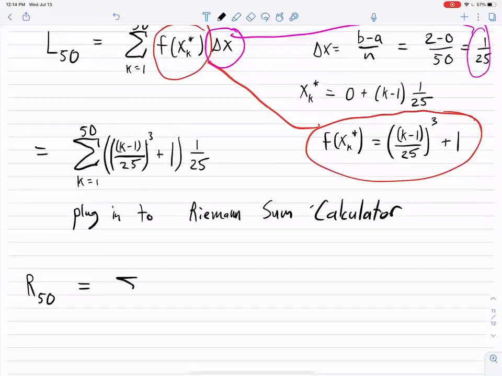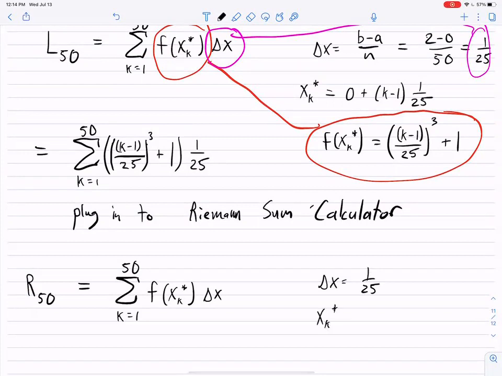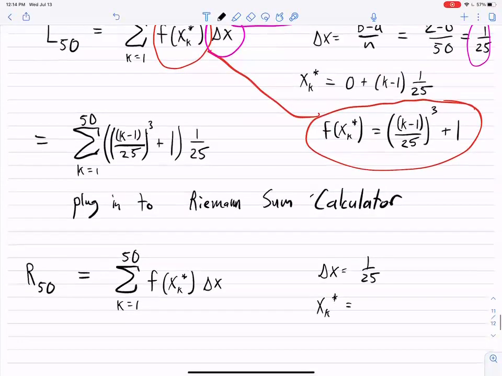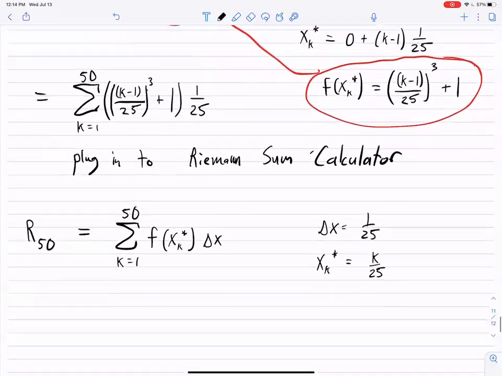And so R50 is still the sum from k equals 1 to 50 of f of x sub k star, delta x. In this case, delta x is still 1 over 25. But x sub k star is much nicer now. It's just k times delta x, which is k over 25. So that's what x sub k star is.